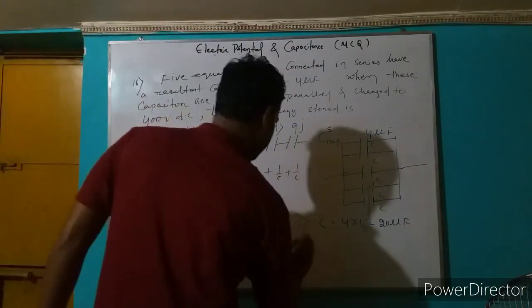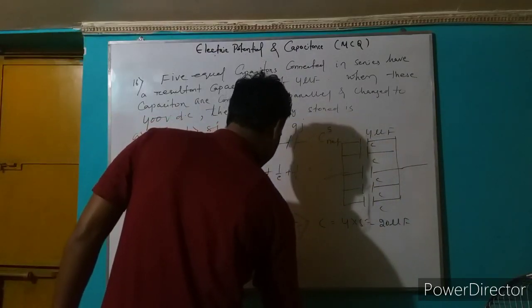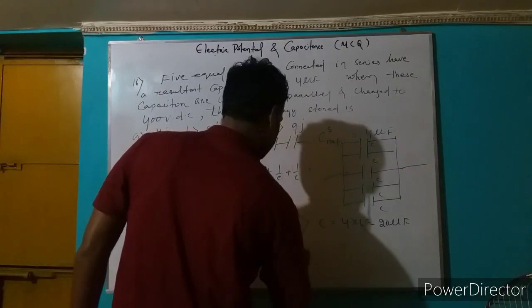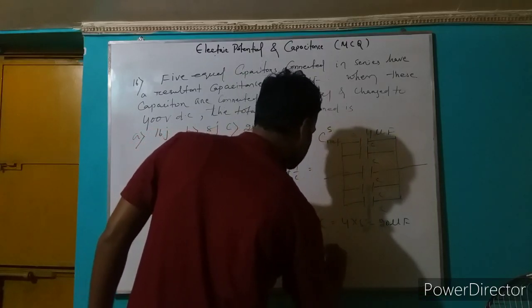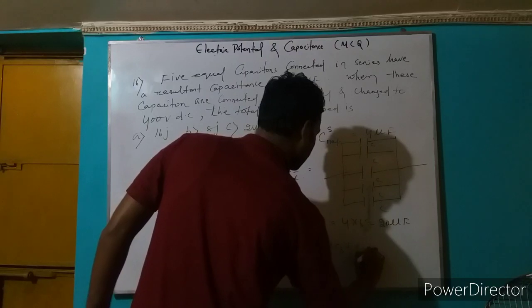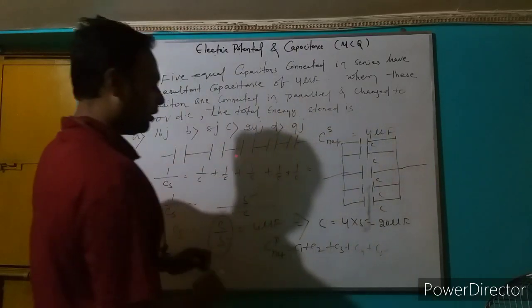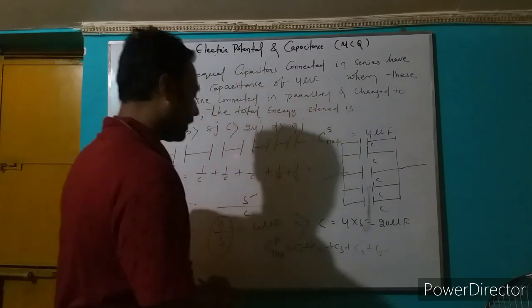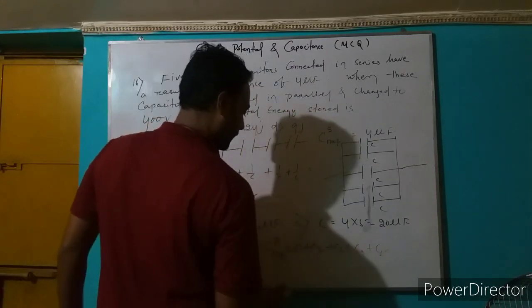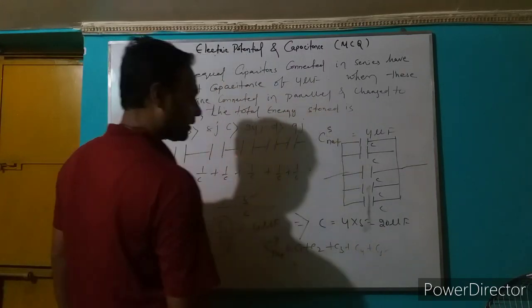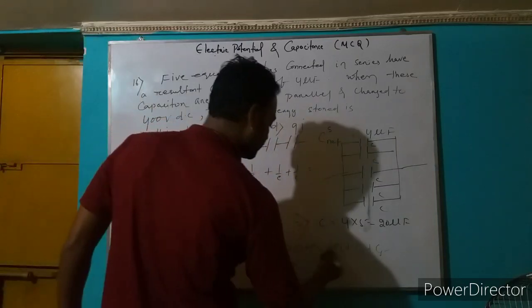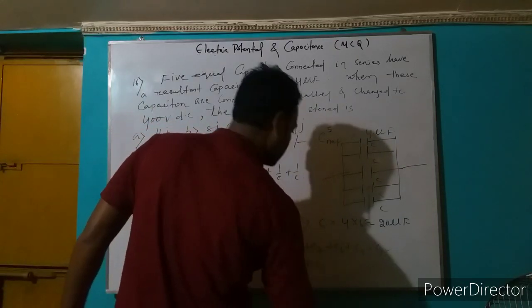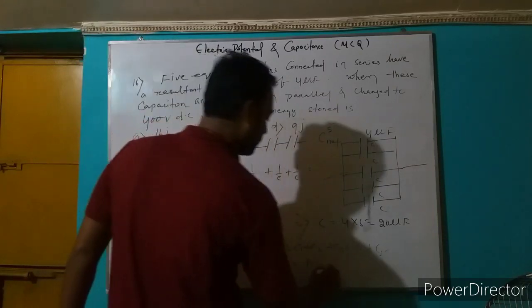The net capacitance for parallel connection is C net equal to C1 plus C2 plus C3 plus C4 plus C5. We know each capacitor has a capacitance of 20 microfarad, and 5 capacitors are connected in parallel, so the value is N into C, where N is 5.